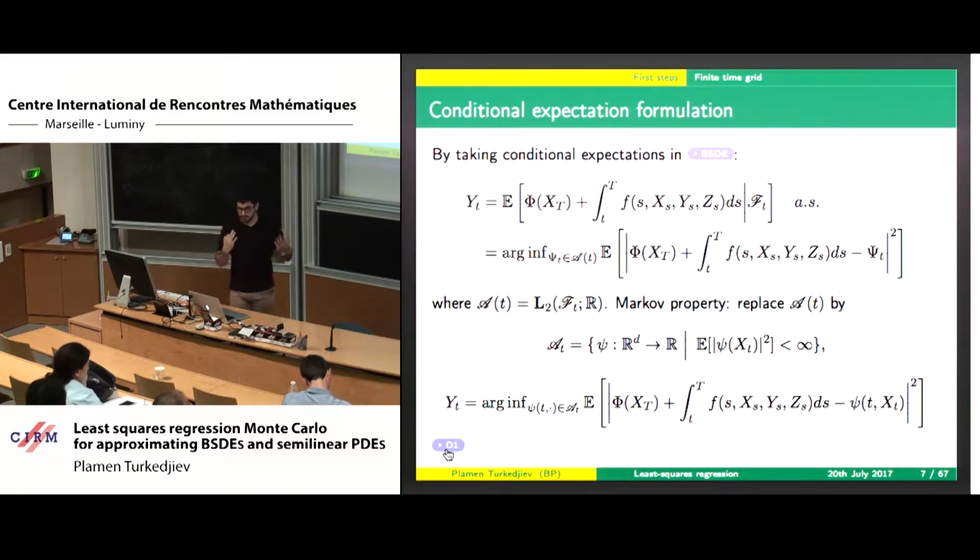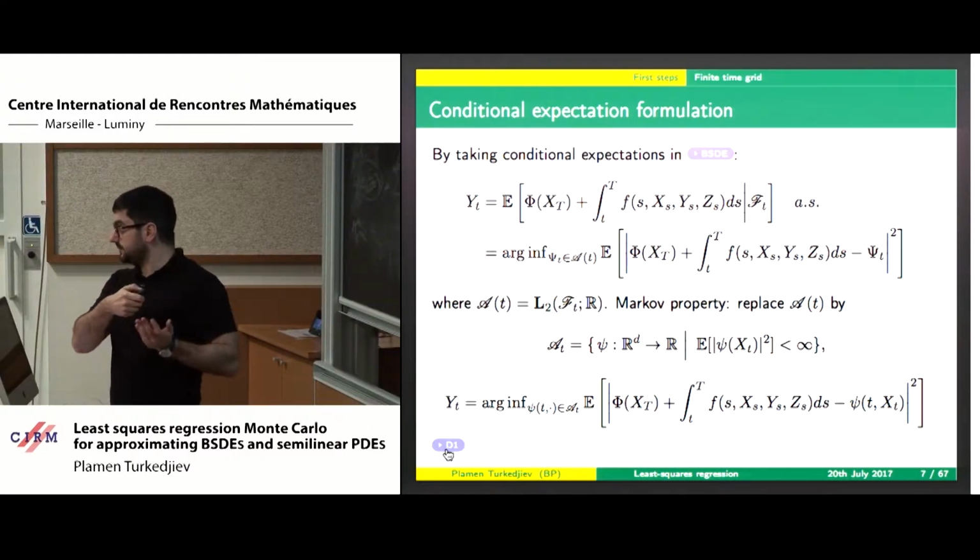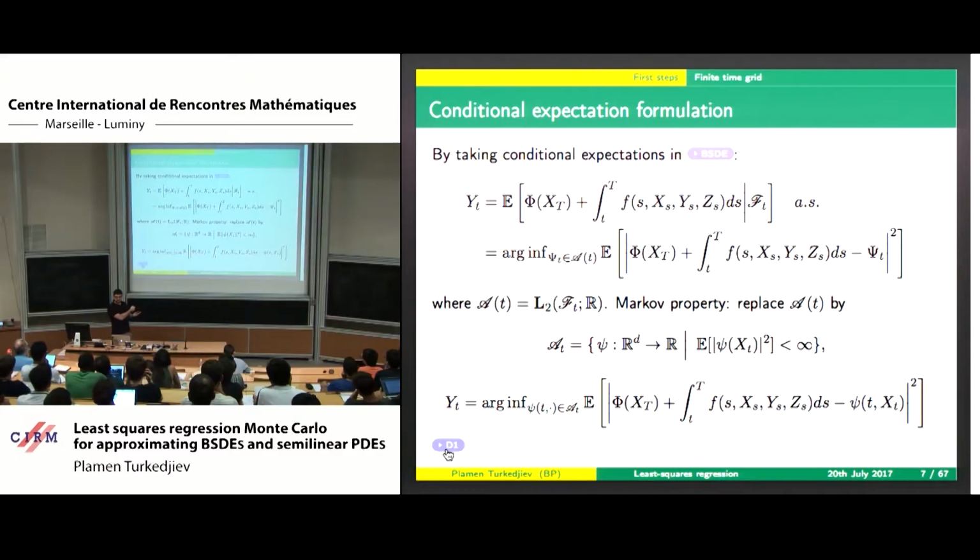So we all know from our first probability courses that the conditional expectation can be expressed as the random variable that is adapted to the sigma algebra F_t, such that you minimize the expected square error between the random variable and the thing that you're projecting by conditional expectation.